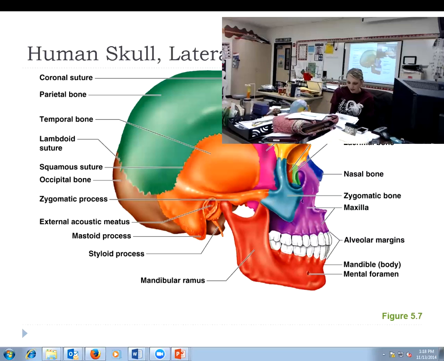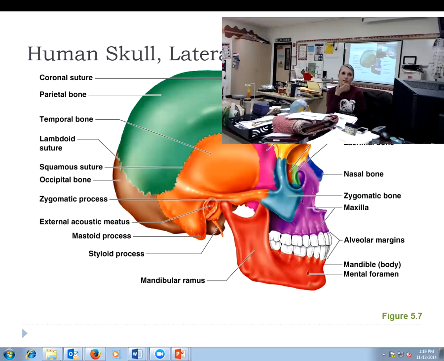Okay, now the last few formations, processes that we're going to talk about, are all part of the temporal bone. So we talked about the zygomatic process. Now we have the external acoustic. The other word that you'll hear is auditory, and I think I use auditory on the test. But anyways, it could be acoustic or auditory, A-U-D-I-T-O-R-Y.